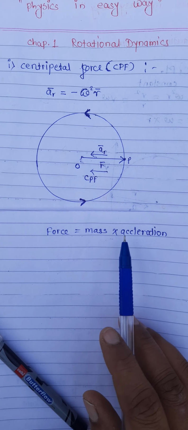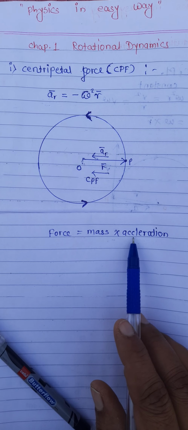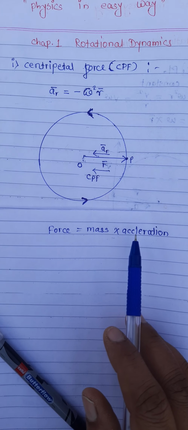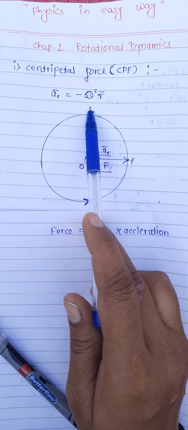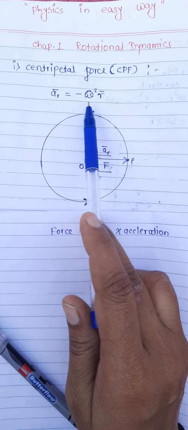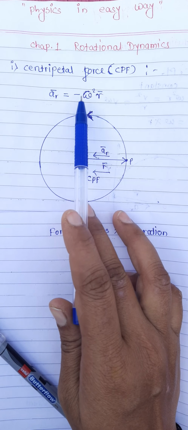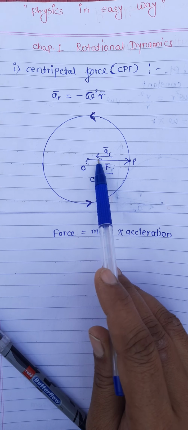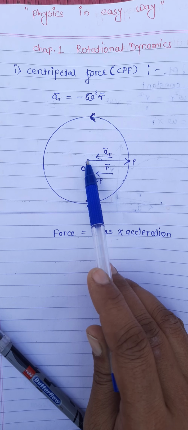In the centripetal force, the acceleration is radial acceleration or centripetal acceleration, and this is responsible for circular motion. The magnitude of radial or centripetal acceleration is equal to minus omega square into r. This negative sign is due to the radial or centripetal acceleration being directed towards the center of the circular motion.